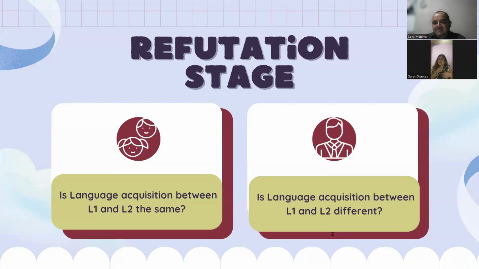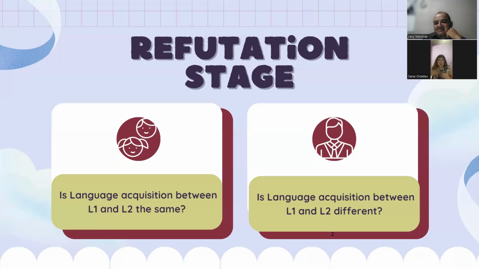We need to have an L-shaped tract so we can start pronouncing words, and babies unfortunately cannot do that. So why is second language acquisition not the same? Because we have abilities in our body that are more developed than kids, and that's something we cannot control.